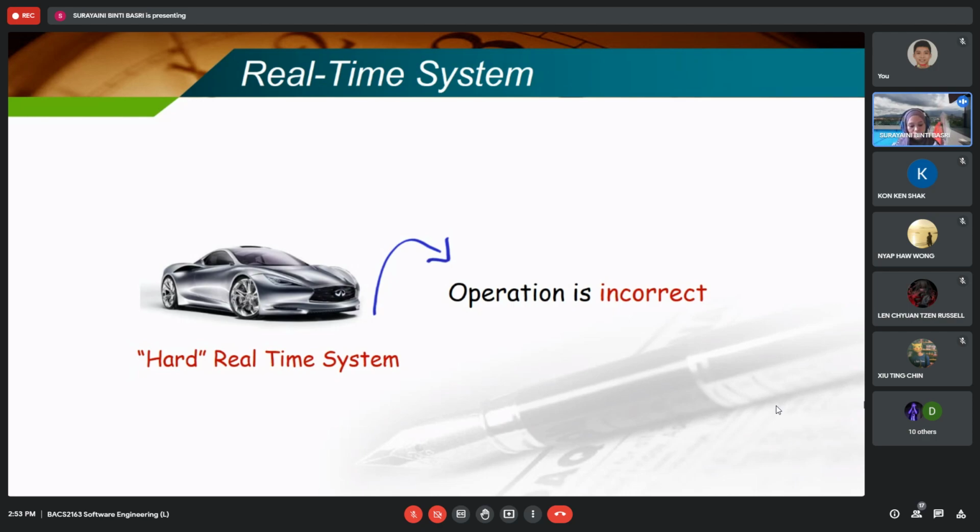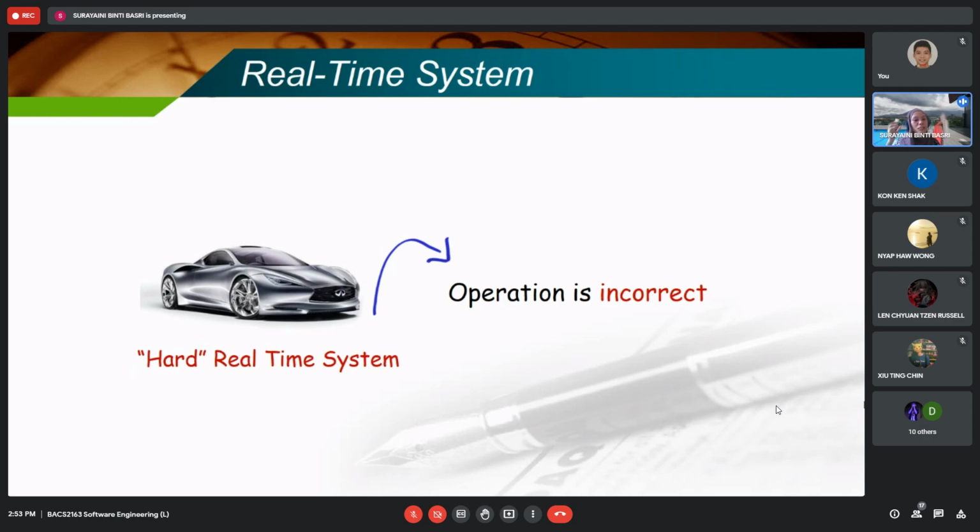But for the hard real-time system, the example is aircraft traffic control, like what Shak has, but you are maybe referring to the road, right? Here it is aircraft traffic control, meaning it cannot tolerate any error because it is very strict.